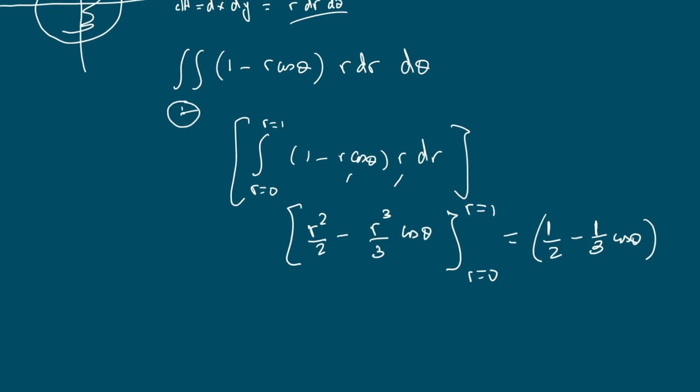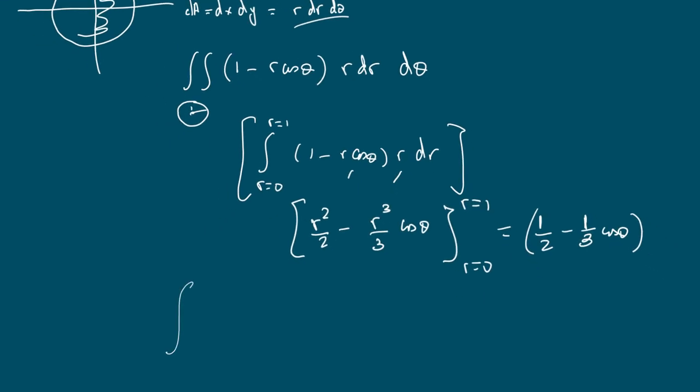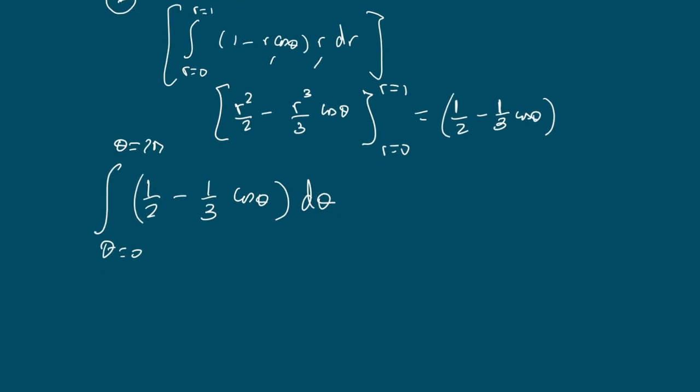Now I need to do the other integral, the integral over theta of 1/2 minus 1/3 cosine of theta d theta, from theta equals 0 to theta equals 2 pi. Then I will have covered the whole region. So it will be 1/2 times theta minus 1/3 times the integral of cosine of theta, which is sine of theta, the function whose derivative is cosine of theta.